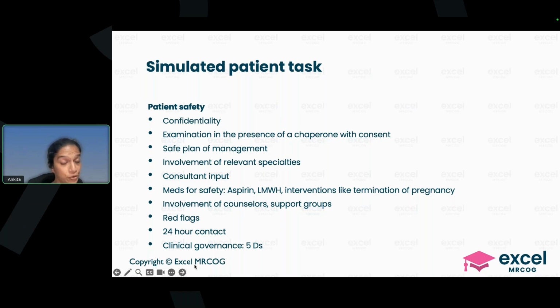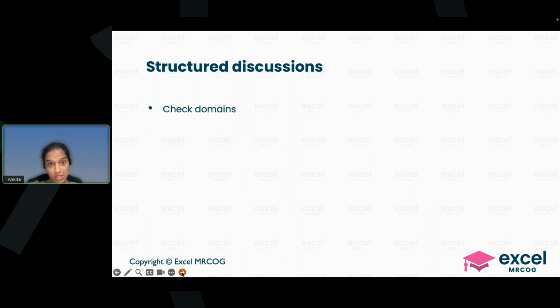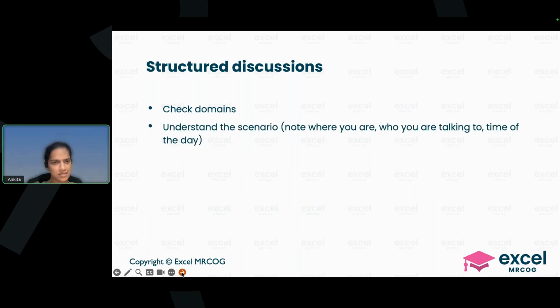You should not try to misconstrue the facts and tell her things that did not happen just to save your skin. Okay, so that should not happen. So duty of candor is important. So these are the 5 Ds of clinical governance. All right, so structured discussions, as we have discussed already: understand the scenario, check domains.